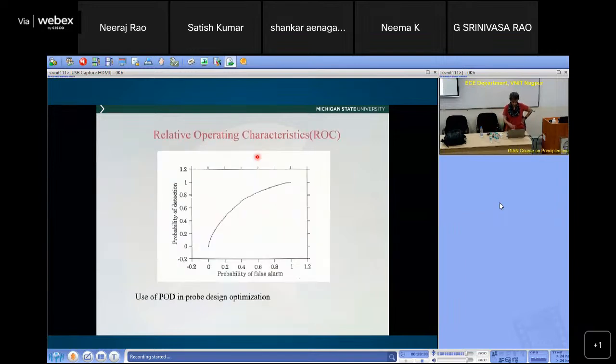So very often they have this other term called relative operating characteristics. On the x-axis, you have the probability of false alarm, which they want to minimize, and probability of detection should be maximum. You want to maximize the detection, minimize the probability of false alarm. So you want to operate somewhere over here.